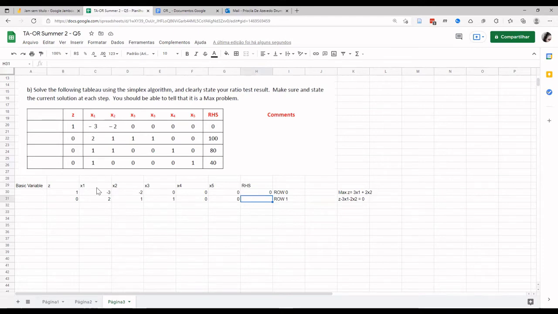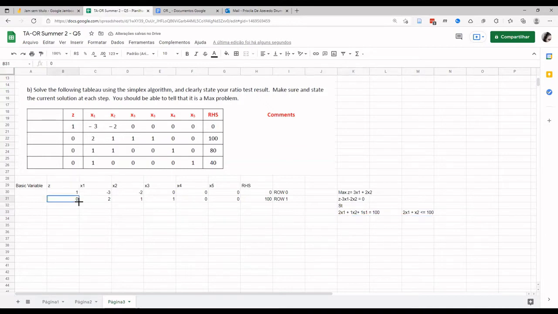And the right-hand side is 100. So how can we represent that in equations? It would be like this: 2x1 plus 1x2 plus 1x3. In this case, I'm going to just put S1, the slack variable, and this is 100. So in the original problem, this would be 2x1 plus 1x2 less than or equal to 100.